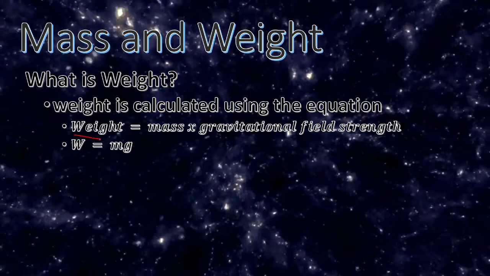The equation is weight equals mass times gravitational field strength. So it's the same as weight equals mass times gravity. Instead of having F for force, you will have W for weight. So you will have W equals mg.